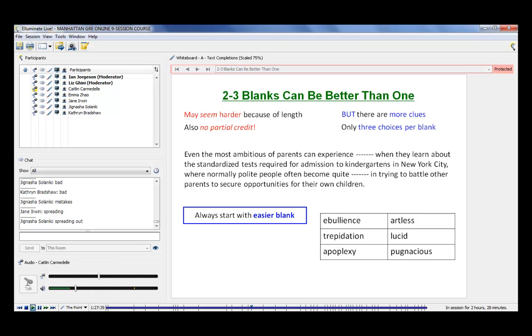I started with the first blank, and I just took whatever was going to be the opposite of ambitious. Why the opposite of ambitious? Because of what the rest of the sentence says about admission for the kindergartners.